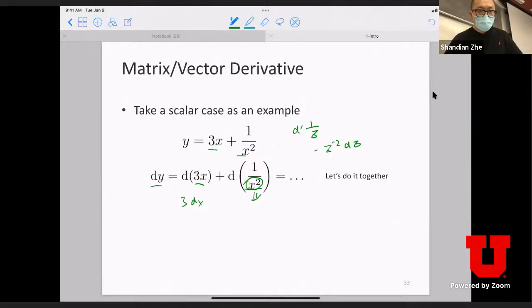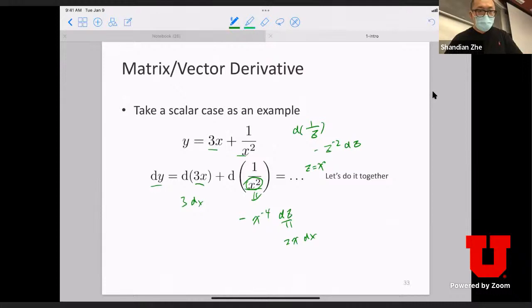If you take the derivative of this, z is x squared, so you just get 1 minus x to the minus 4 dz. And then z is x squared, so dz is further 2x dx.